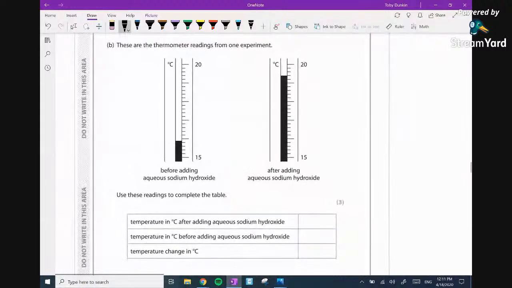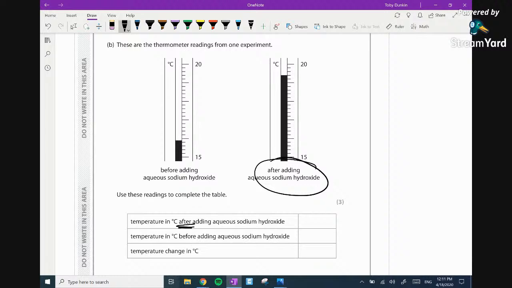Right, we know this trap, folks. Everybody knows this trap. So number 1, it says after first. So this is the first one we need to take. So we're reading this from bottom up. So 15, 16, 17, 18, 19, 19.2, 19.4 is going to be my after, 19.4.